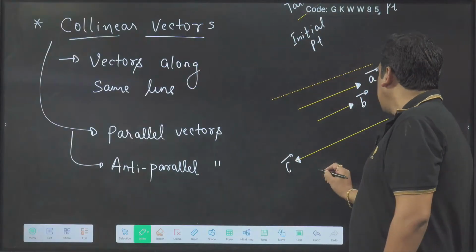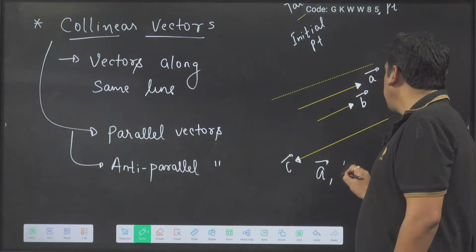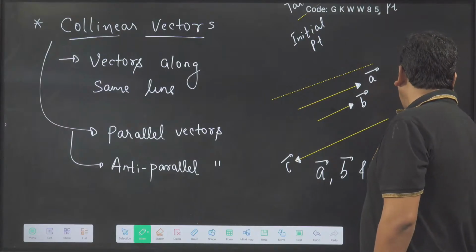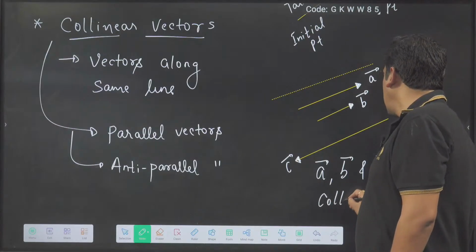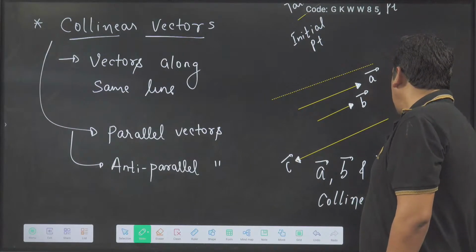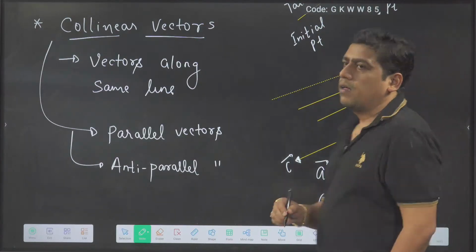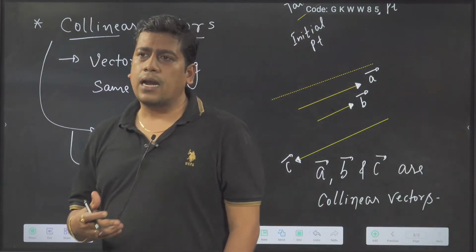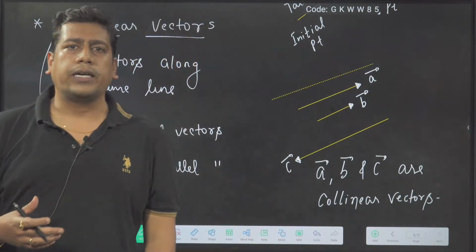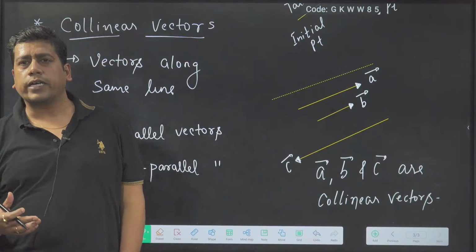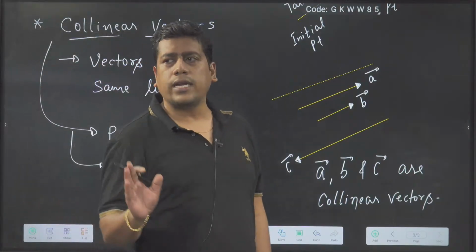It means here A vector, B vector and C vector are collinear vectors. Out of which A and B are parallel, no doubt. A and B are parallel vectors, while A and C or B and C vectors are anti-parallel vectors, but all of them are collinear vectors.